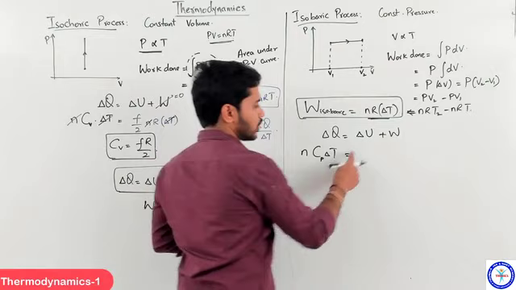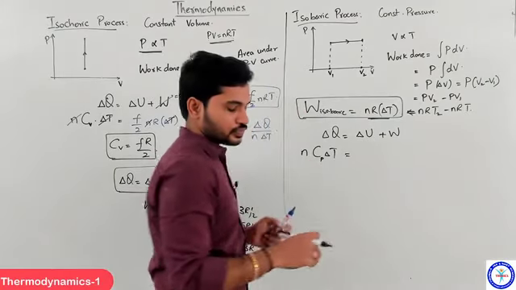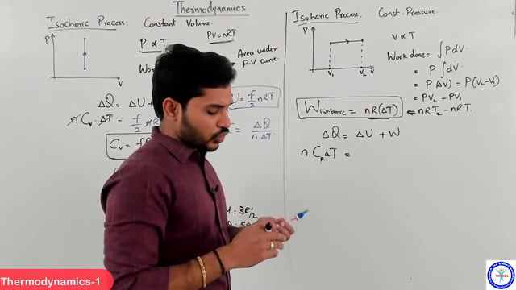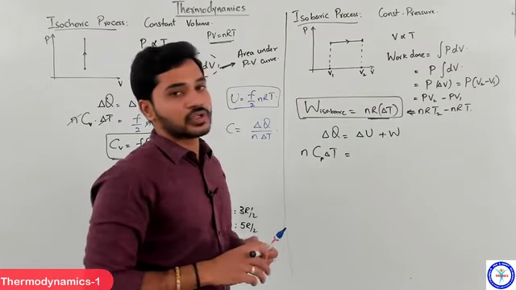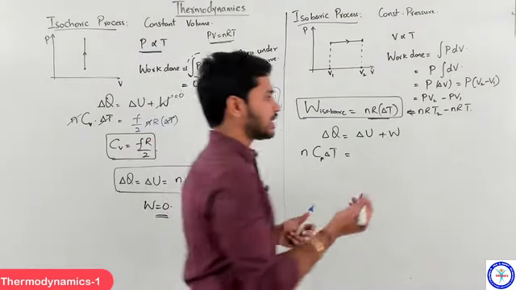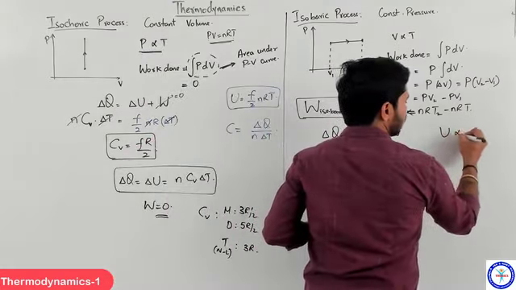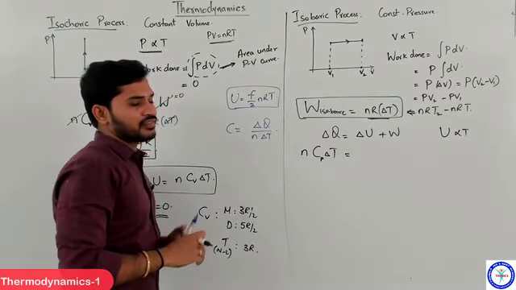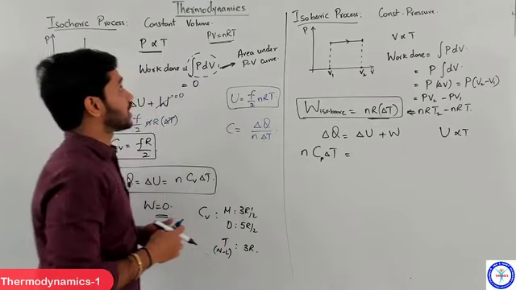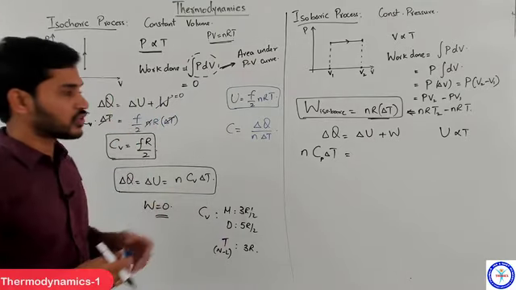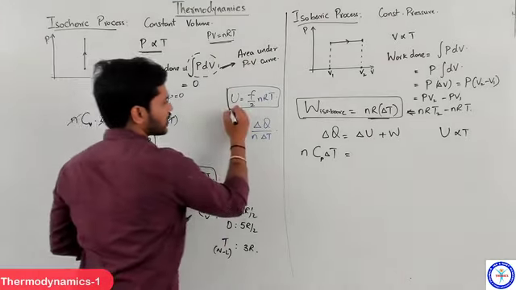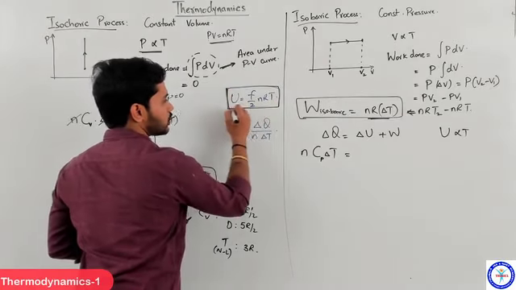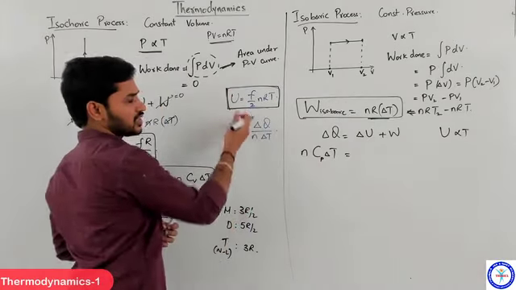This will be equal to, once again, delta U. You know that U is directly proportional to temperature, yes or no? So in whichever process we are talking about, whether it is an isochoric process or an isobaric process, the definition for U is always the same. It is always directly proportional to temperature. This is a standard expression.